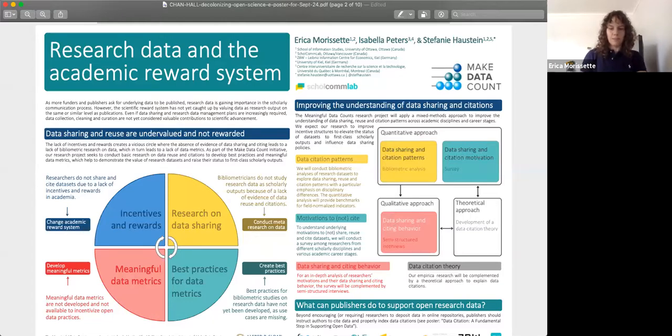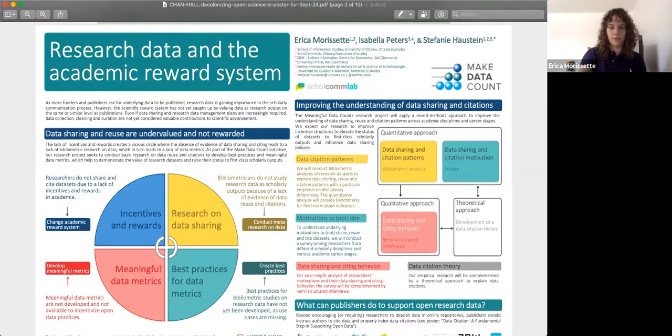So here we have placed emphasis on tenure and promotion opportunities and how there's a lack of data being used as a legitimate form of contribution for the folks who are trying to gain tenure in their academic institutions. So basically data sets and such are not necessarily equating to an academic publication.